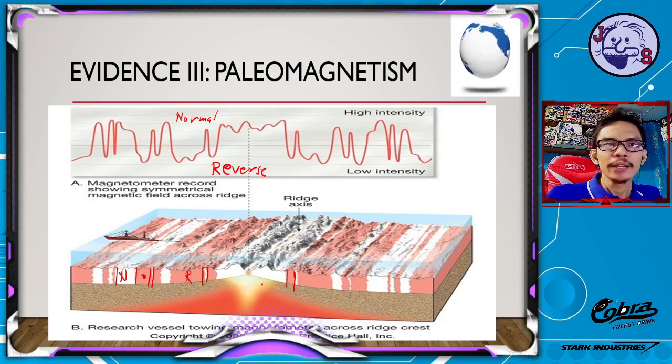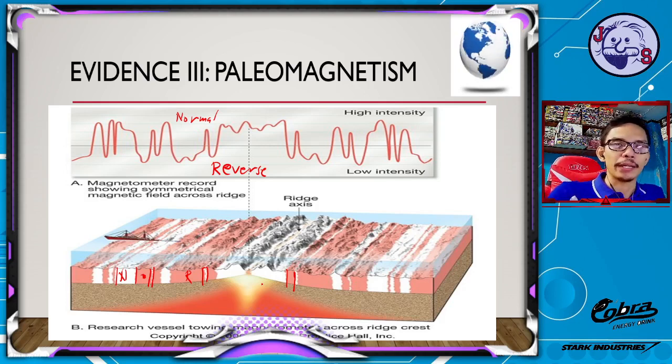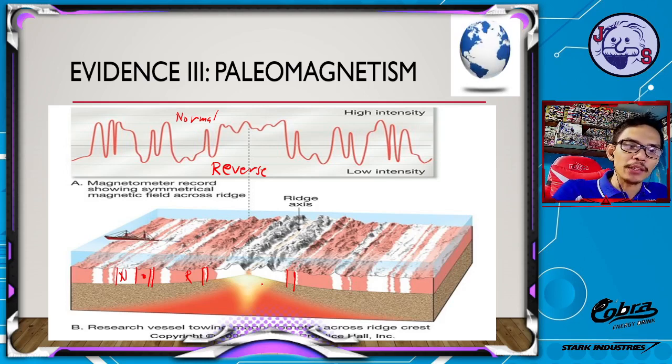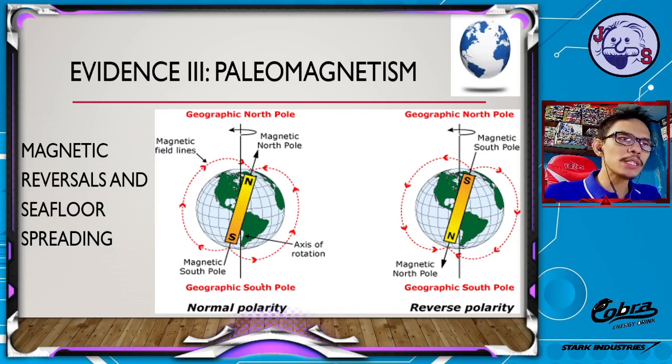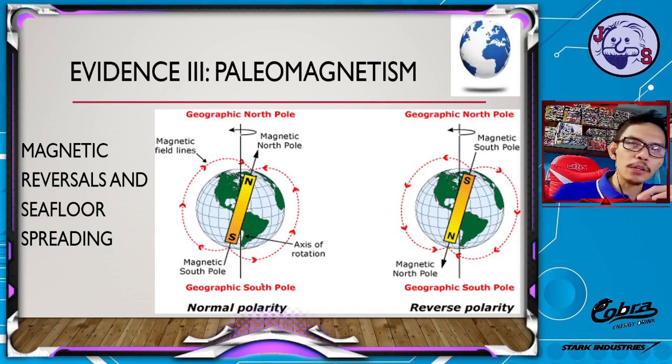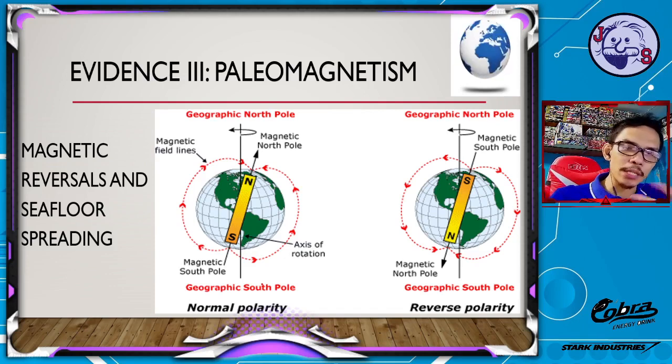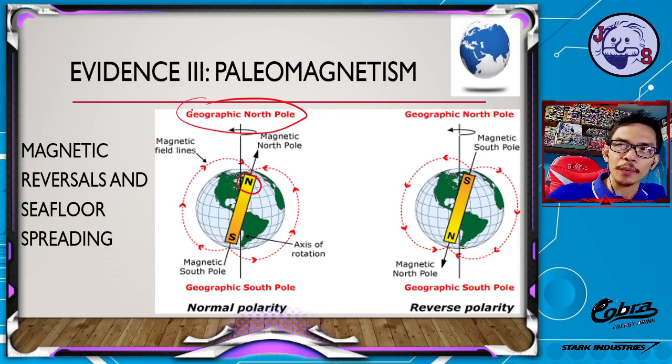In order to give us an idea about how this magnetic reversal happens, this study was conducted by Fred Vine and Drummond Matthews. So what is this magnetic reversal? Remember the North Geographic Pole, the South Geographic Pole, the North Magnetic Pole. If the North Magnetic Pole is aligned to the North Geographic Pole, then that is a normal polarity.